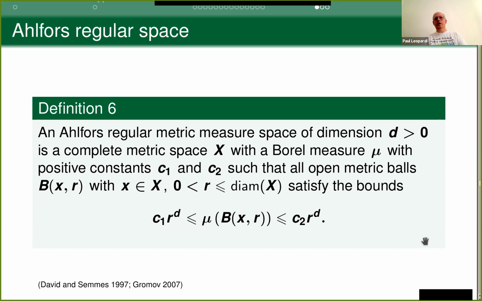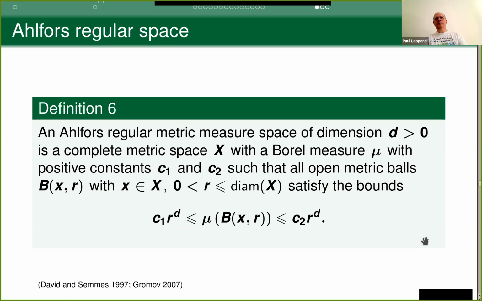So, in other words, C1 and C2 are universal bounds, and the bounds above and below of the Borel measure of the metric ball are what you would expect in a d-dimensional manifold. In other words, they're of order r to the d.